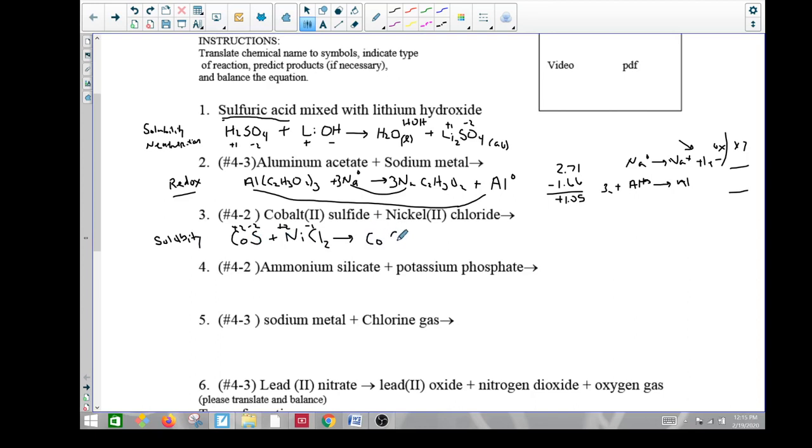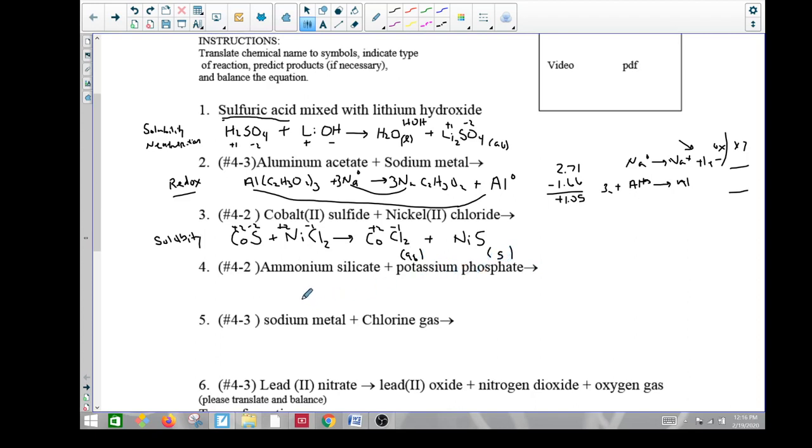Cobalt chloride +2 -1, and then plus nickel sulfide. Again, these are just potential products. We still have to check for solubilities to make sure that something new is going to form. In this case, after checking the solubility charts, this is aqueous and this is a solid. Balancing here, it's already balanced.